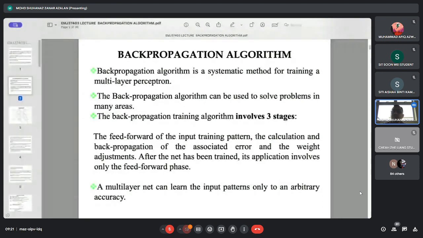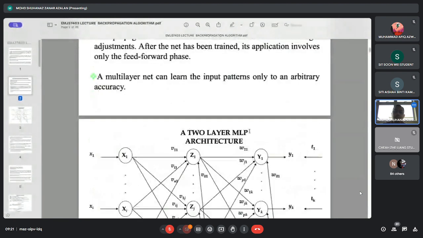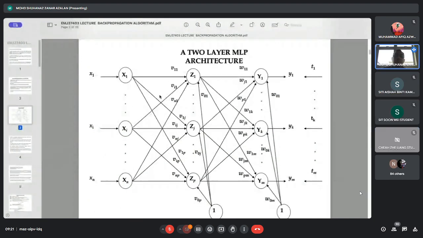Multi-layer means we have a hidden layer. Okay, like this here. So in Hopfield net or perceptron, the examples we have only a single layer, meaning you have input, and then you have the weightage, and then you have output. But for backpropagation, we can also apply a two-layer architecture.